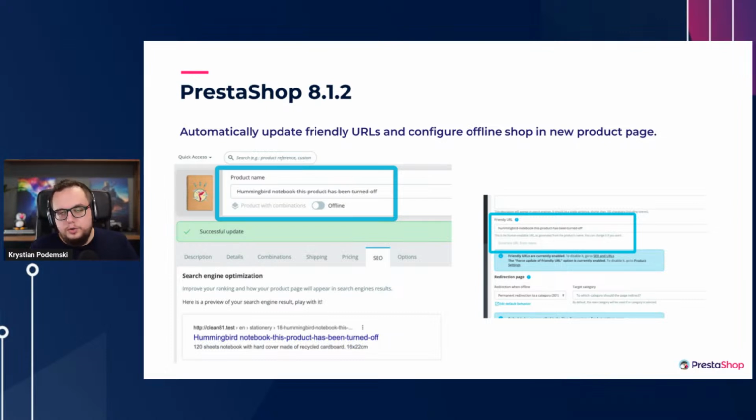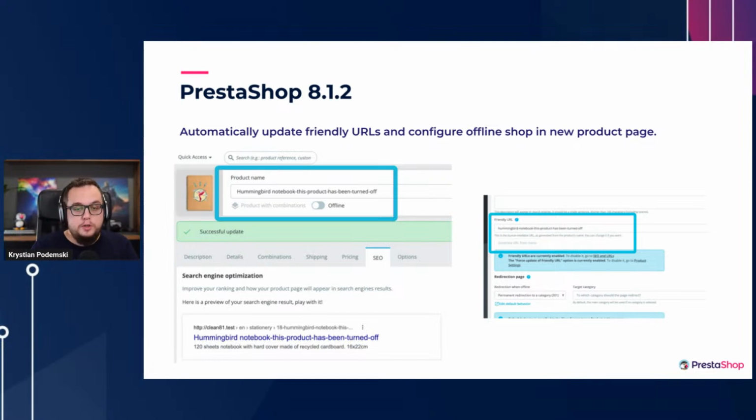Of course, there could be redirection from the old URL to another URL, but we thought with the product team that this would be the best possible behavior for this feature.